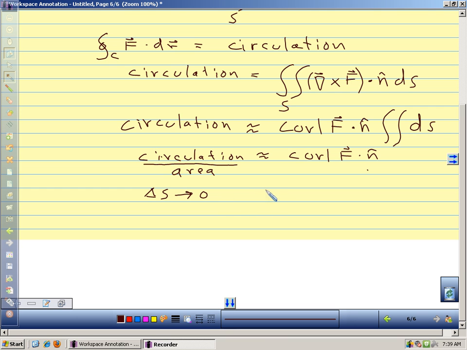Then the curl of f dot n equals the circulation per unit area. So the normal component of the curl tells us the circulation of f about n.